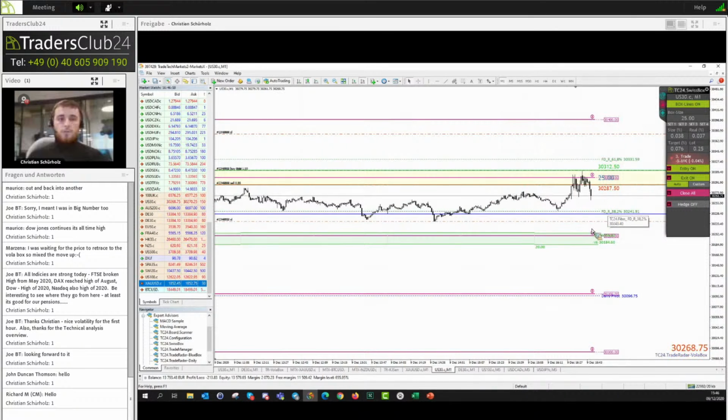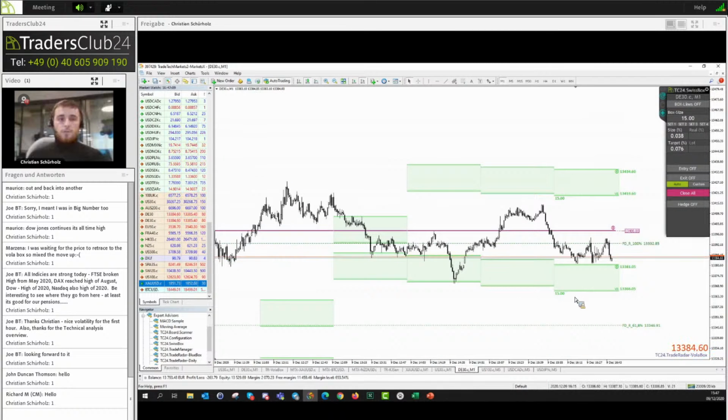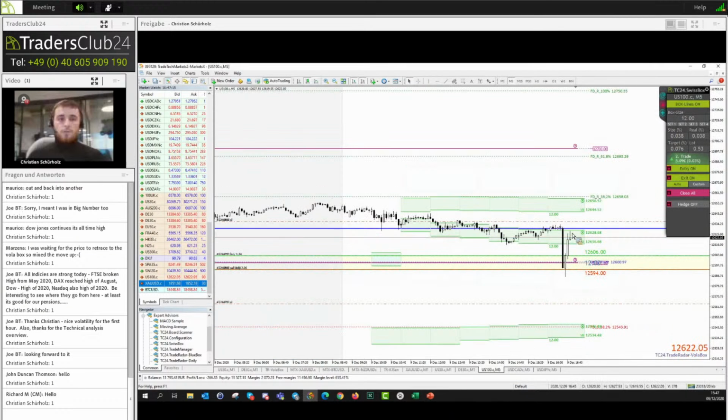Still third trade in on Dow Jones. And very close to take profit. They're on the Nasdaq, merely just a few points away from hitting that take profit.